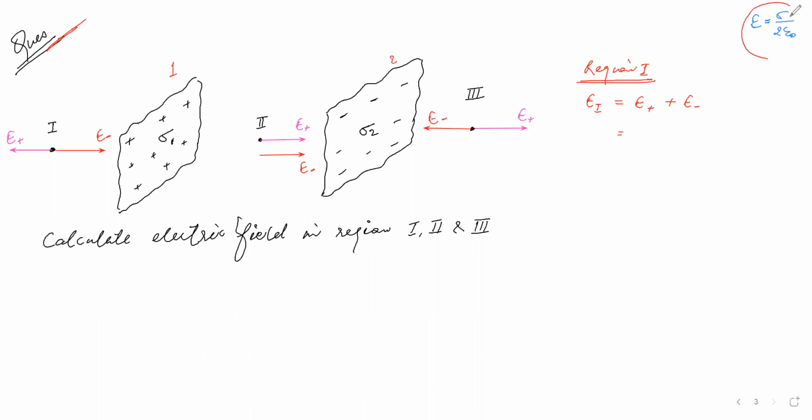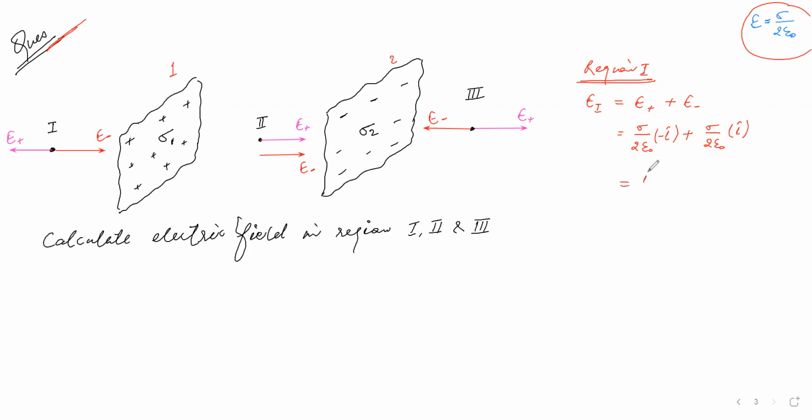The value of E is sigma over 2 epsilon naught, which we have already calculated. You can write here sigma over 2 epsilon naught minus i cap. Plus, due to the negative charge plate, the electric field is sigma over 2 epsilon naught, directed towards plus i cap. So you should write plus i cap.